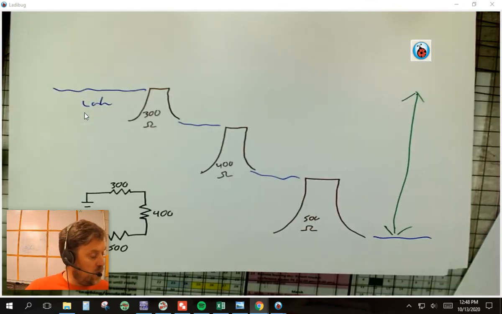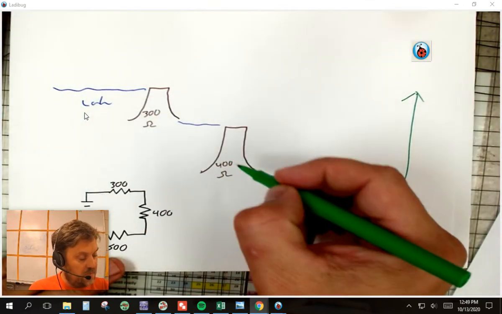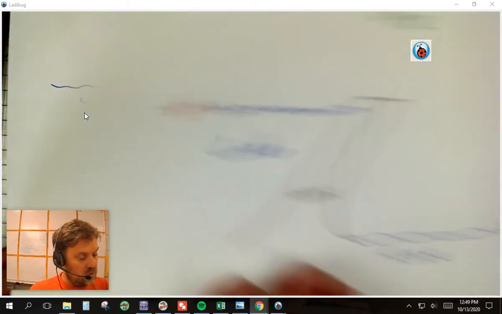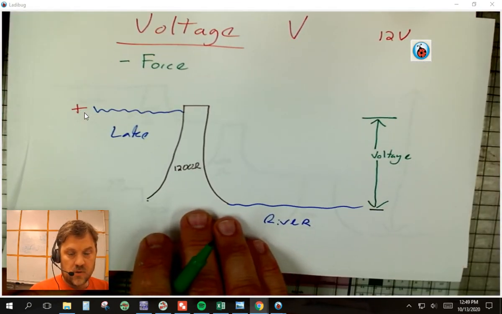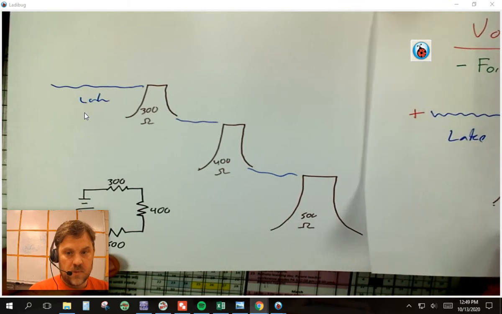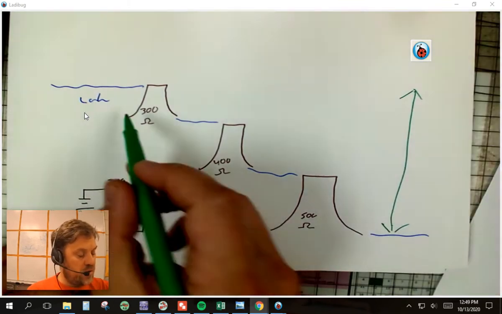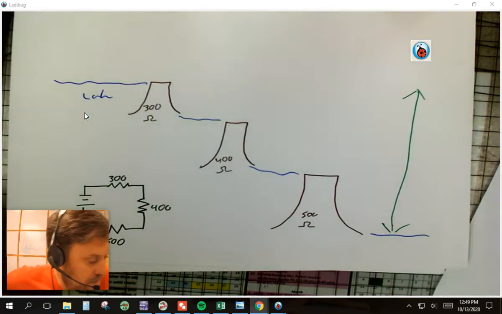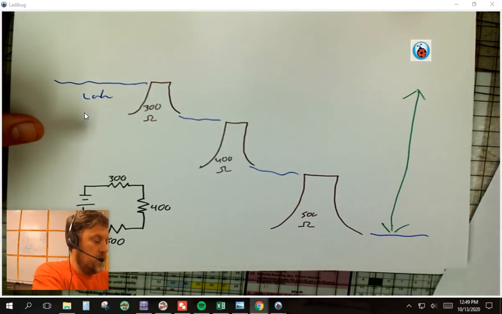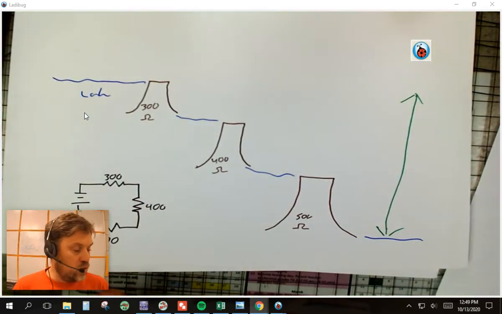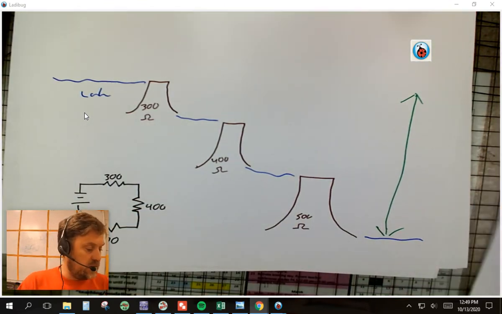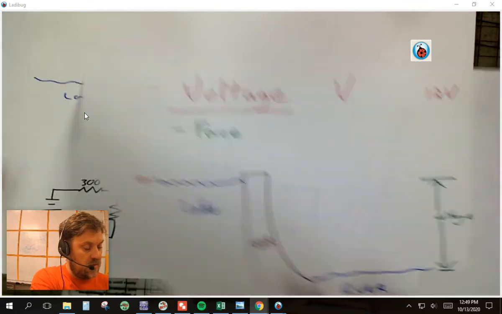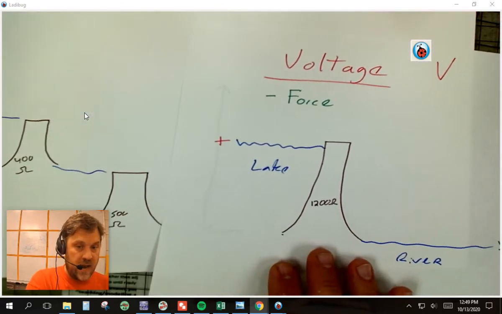So basically what we did here is we said 300 plus 400 plus 500 is equal to 1200. Those things are the same. I just broke it up into little bitty pieces here with little bitty dams. Okay. So that's the rule there in a series. Now this is only for a series, and so that's how the resistance works.